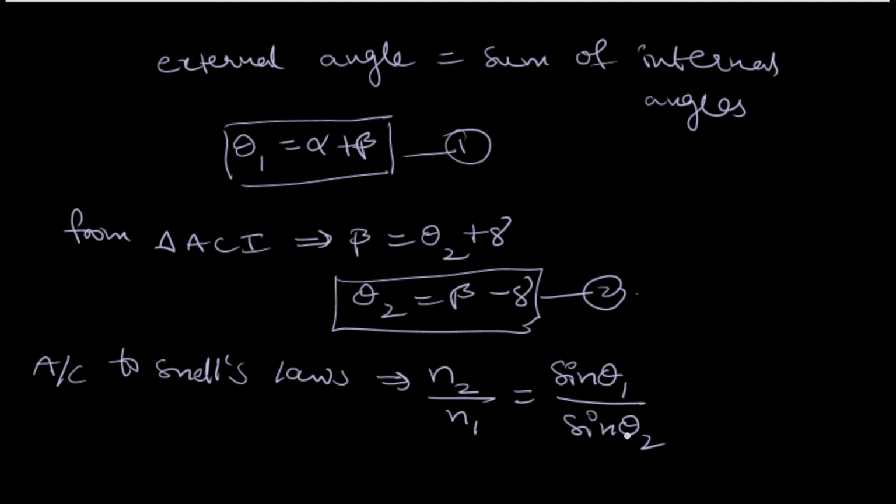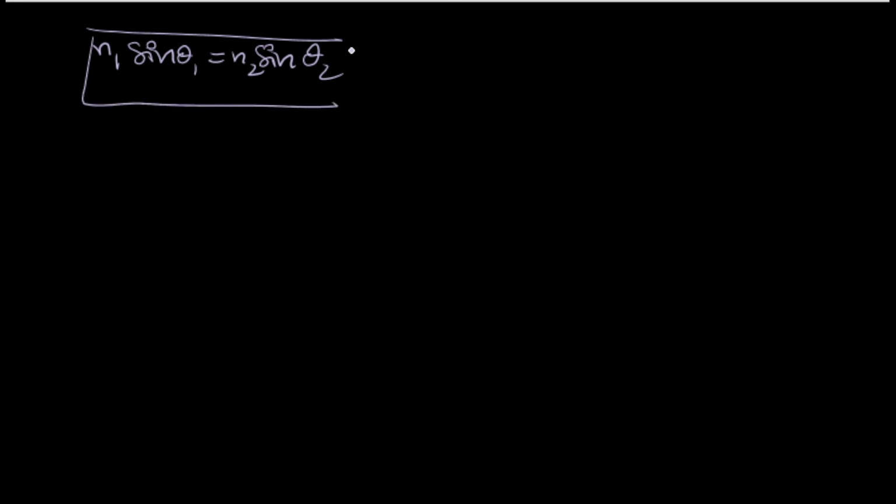From this equation, you just do cross multiplication. Therefore, we have N1 sine theta 1 is equal to N2 sine theta 2. This is equation number 3. Now substitute equations 1 and 2 in equation number 3.